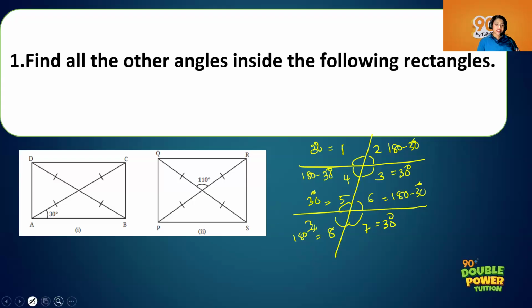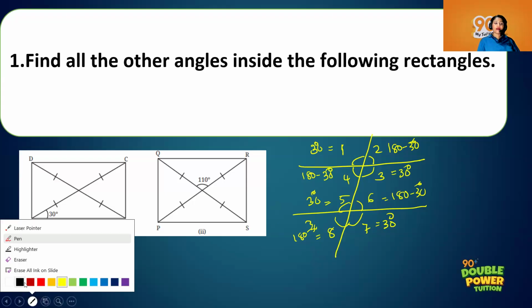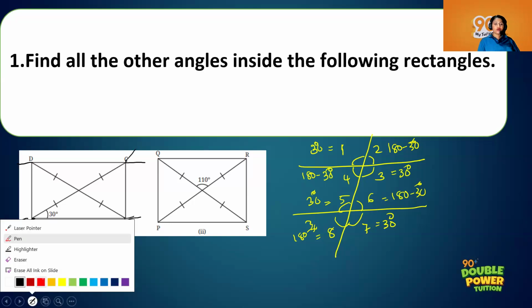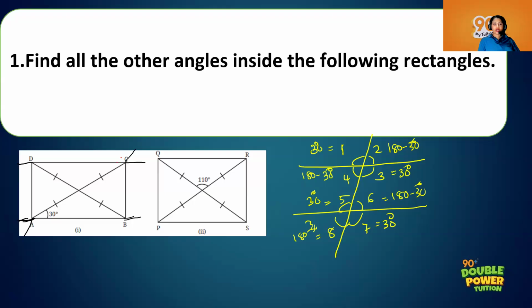Similarly, we have parallel lines with a transversal. We extend these lines a little bit. These are two parallel lines. Now this is angle 1, this is angle 2, angle 3 and angle 4.